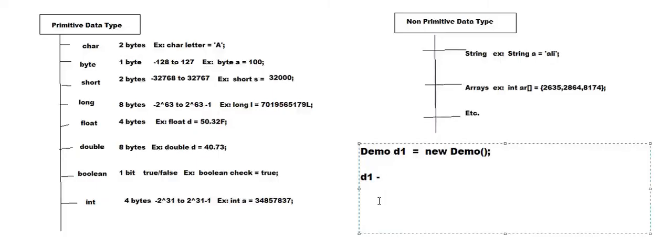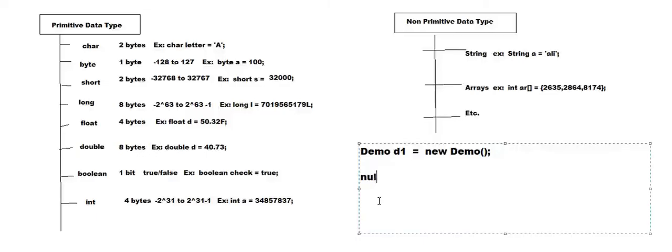A non-primitive variable is a variable which stores an object identity. Every programming language comes with many inbuilt programs, and all those things come under the non-primitive.